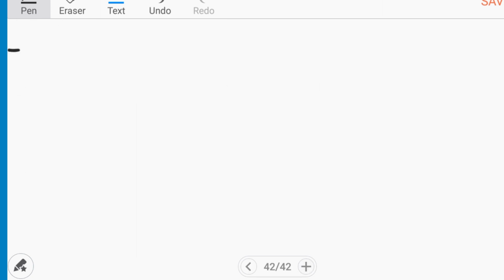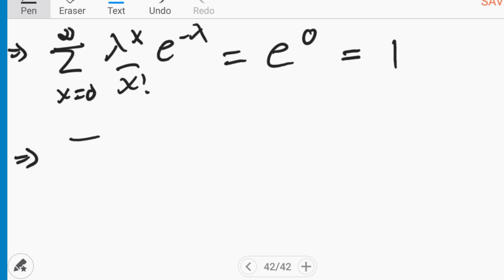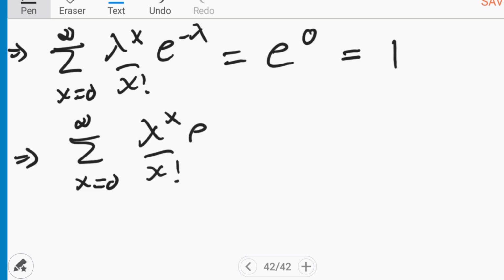So summing from 0 to infinity over this PMF is equal to e to the power 0. Now e to the power 0, folks, is 1. So we've been able to prove that summing from 0 to infinity over this PMF is actually equal to 1.